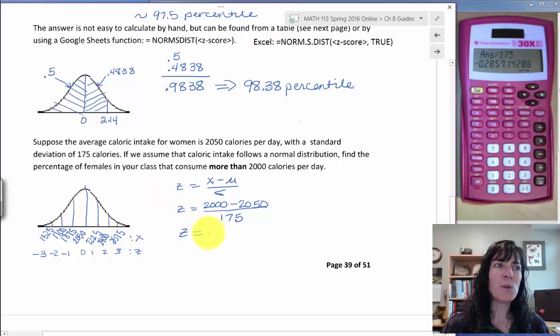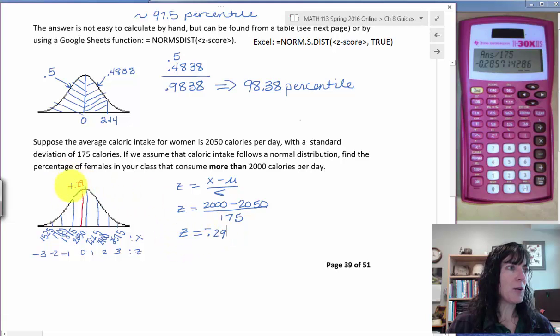And the z equals negative 0.29, and I went ahead and drew it on my distribution, and we were talking about more than this number of calories per day.